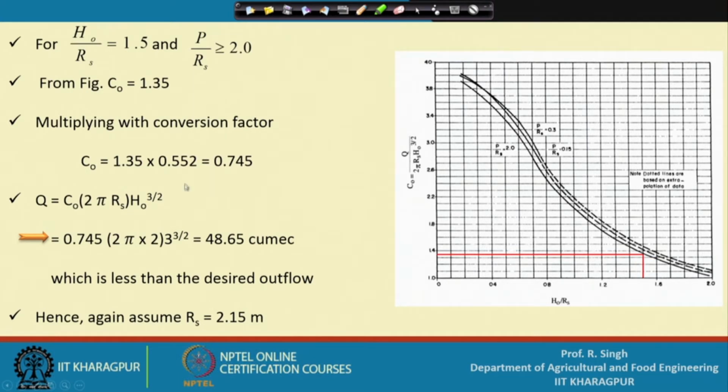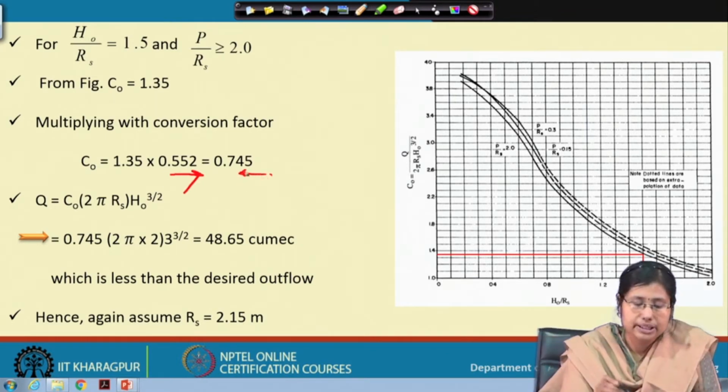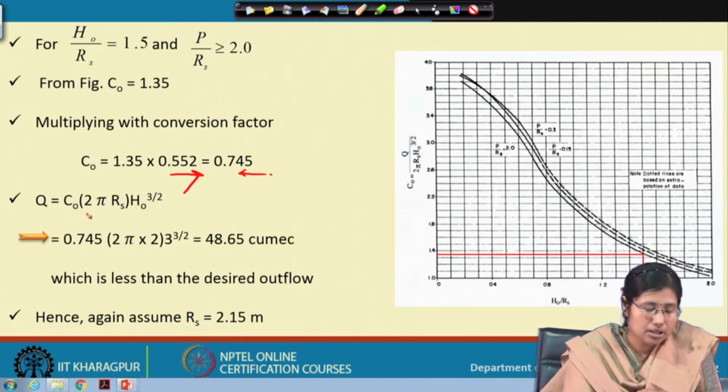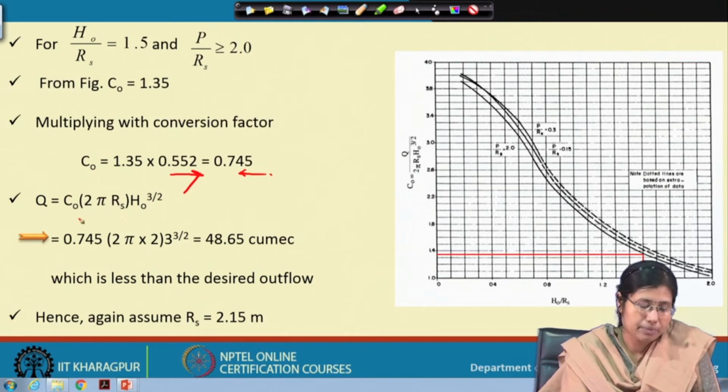So, the conversion factor is nothing but 0.552 here. So, we multiply with this.